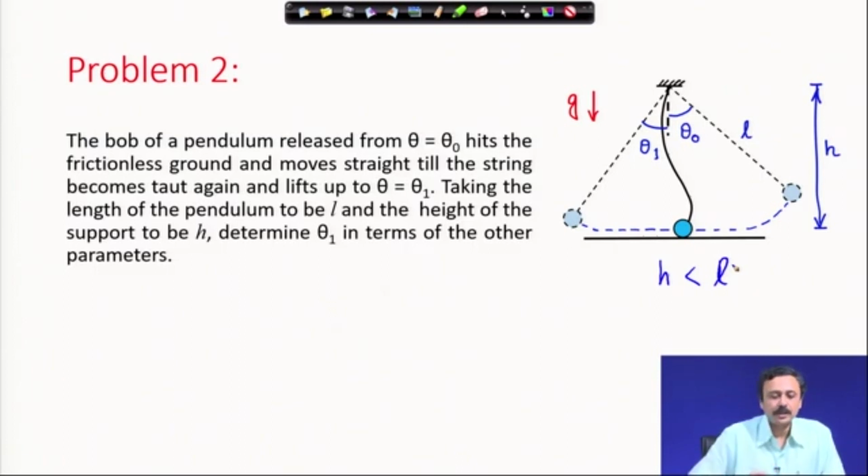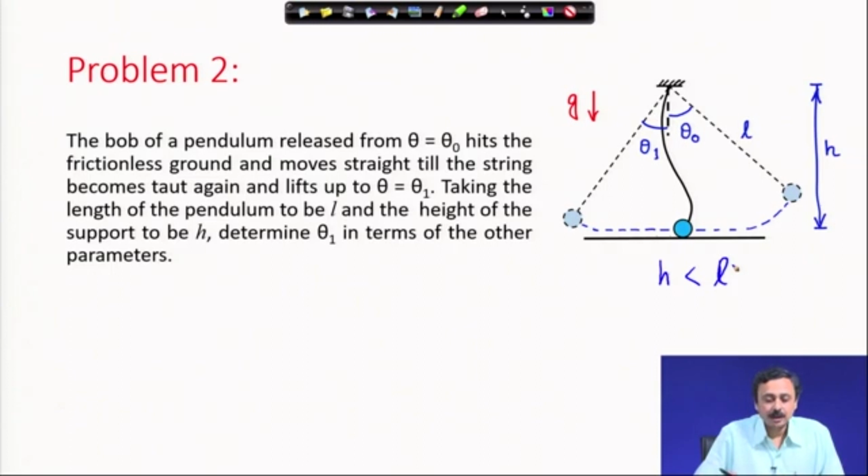Now, this ground is frictionless, and once this bob hits the ground, here we are making the assumption that it moves in a straight line, it does not bounce off, it is not like a ball which bounces off. Which means some part of the energy has been absorbed by the ground.